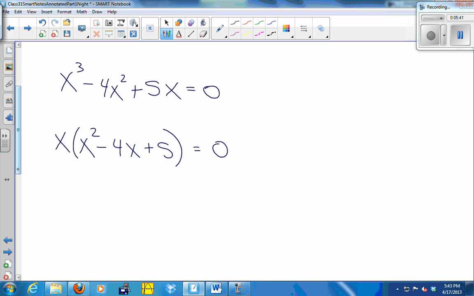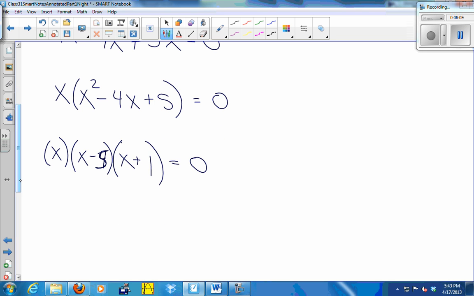And then this is the gift that just keeps on giving, because this quadratic, what's special about it? It also factors. So I've got x times (x minus 5)(x plus 1).